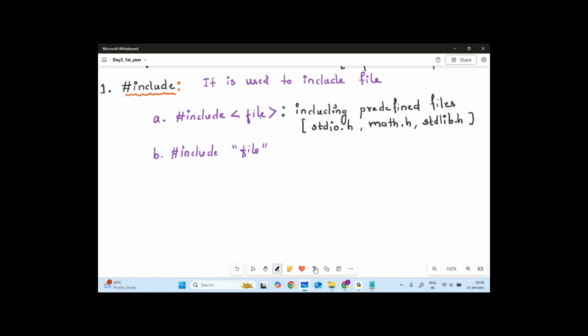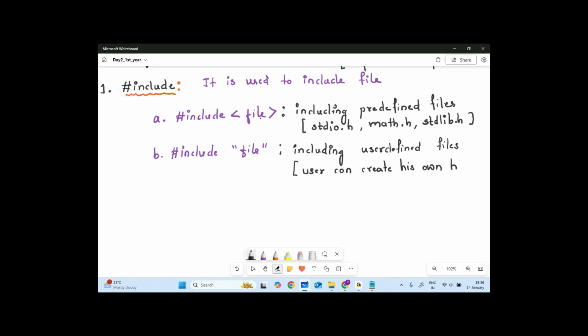Now in the second syntax, it is used for including user defined files. It means the user can create his own header files.